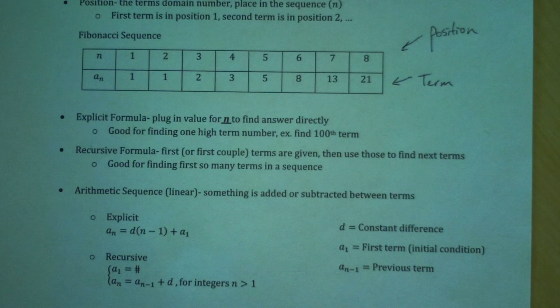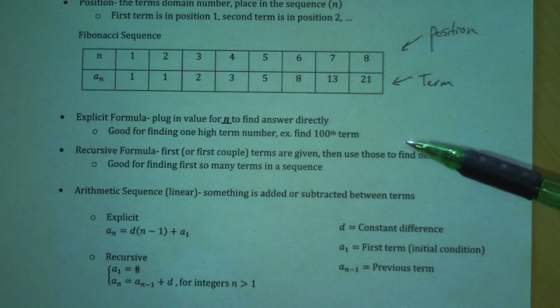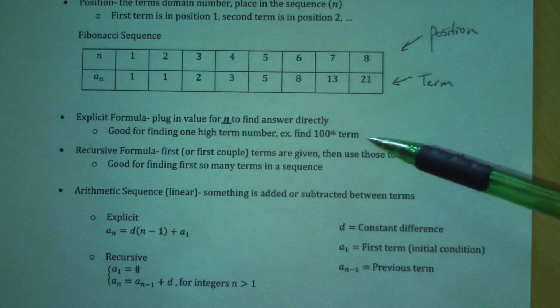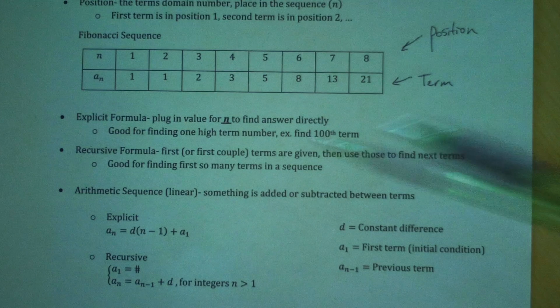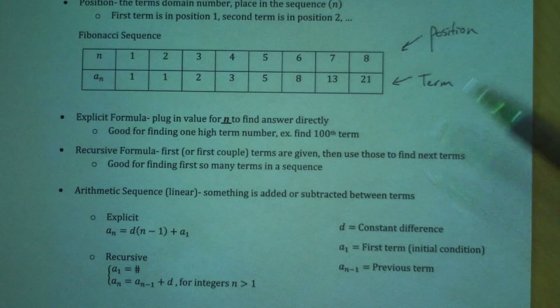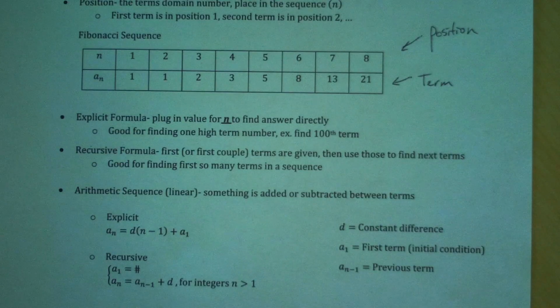If you just need one answer and not a list of answers, and it's a fairly high one that you're looking for, you could just take that term number, plug it into your explicit formula, and kick out your term. Recursive is good when you need a list of numbers. Say you need the first 10 numbers in a sequence. That one's better for that, but realistically you can use either one to get the same answers.